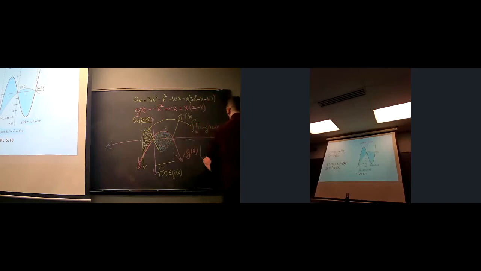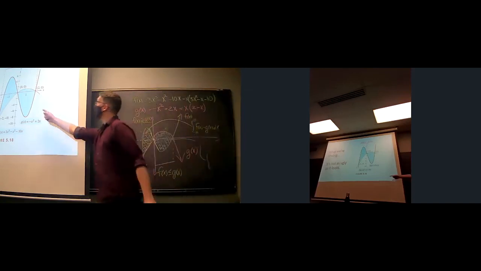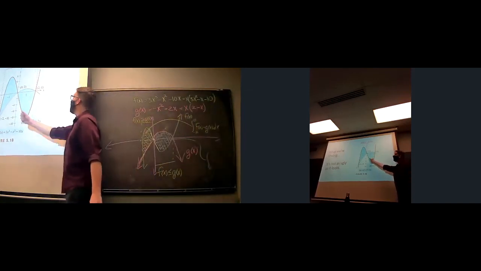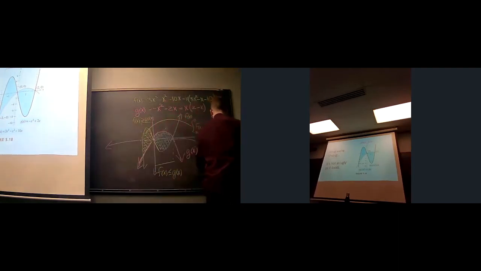And then this area down here is going to be from 0 to 2. G is larger, so it's going to be the integral of g of x minus f of x dx. Then we're going to have to add these together.